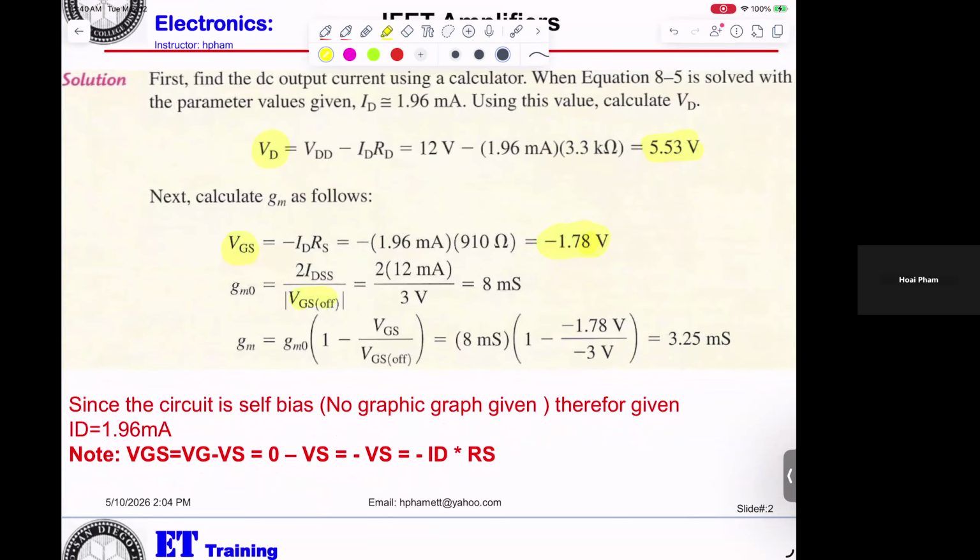And that's why you can get 8 millisiemens. And they want to calculate the gm. Then you use this formula. Okay? You will get the value is 3.25 millisiemens.